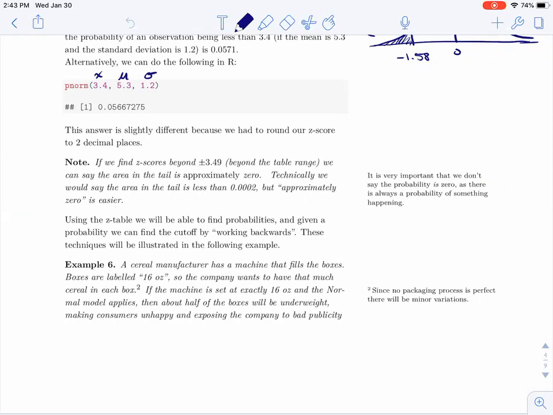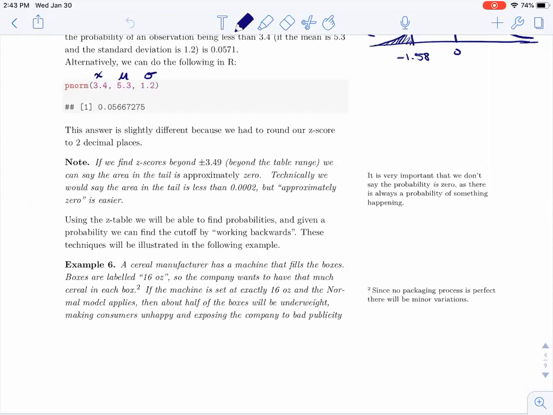So we can use the Z table to find probabilities. Or if we rework it and work backwards, then if I give you a probability, you can work backwards to find the value of x that makes that happen.